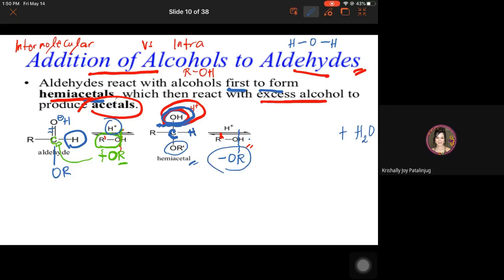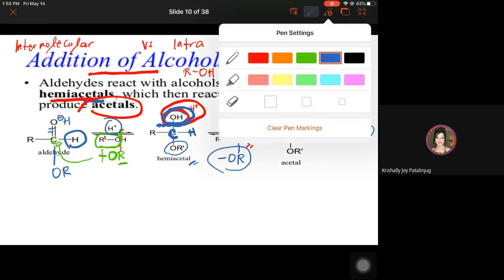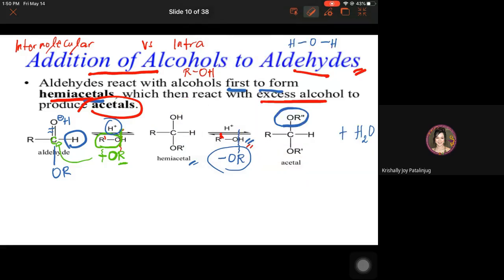Okay, we are adding alcohol here. What nucleophile do we produce from the alcohol? The OR. That is why in the acetal, the OH is replaced with an OR. That is the only difference between hemiacetal and acetal. So look at their differences and similarities on the central hemiacetal carbon and the central acetal carbon.